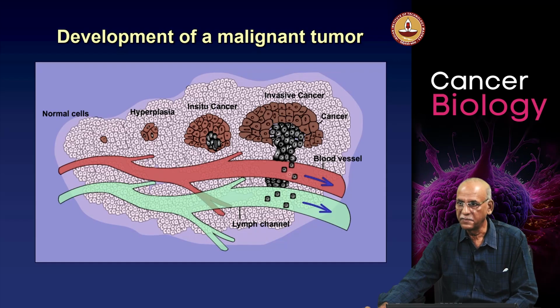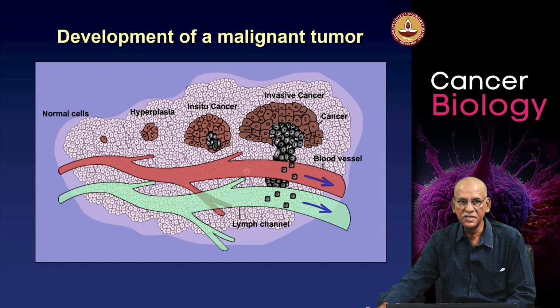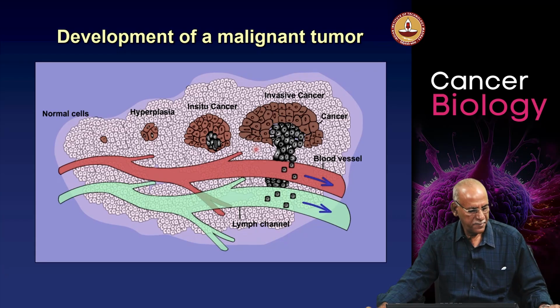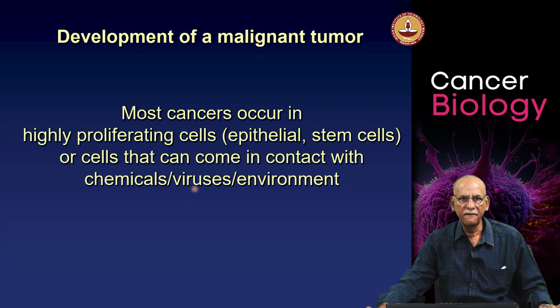Now they got a vehicle. So they will travel to distant sites and then settle down there. So this is a typical feature of invasive cancer cells. They become metastatic by this mechanism. So this is a simplified schematic to explain this, just for an understanding.